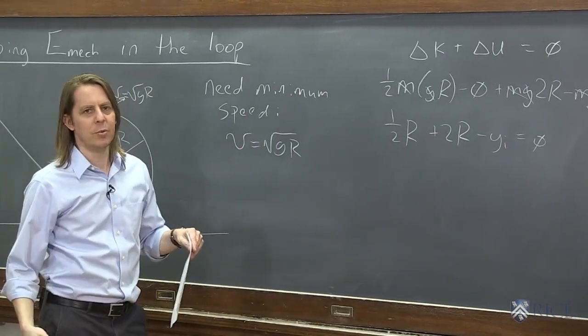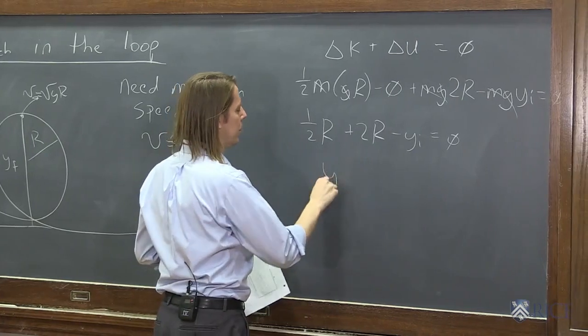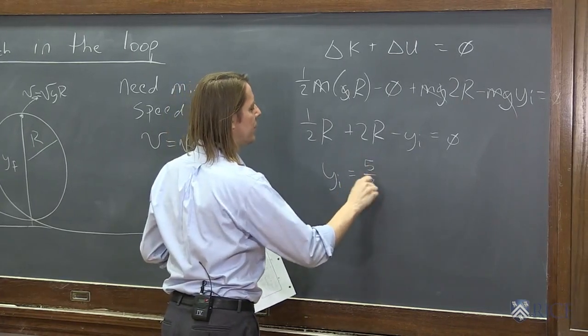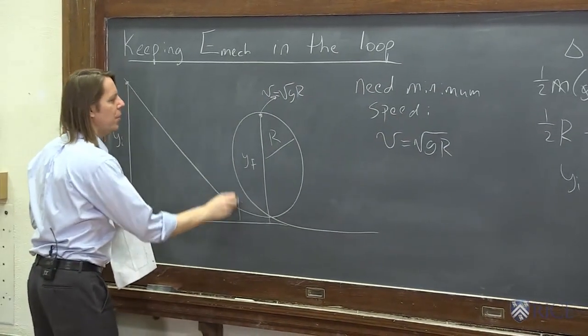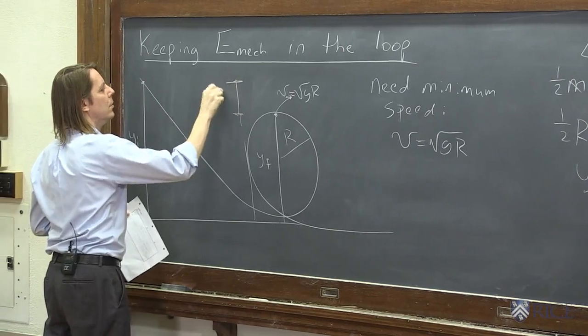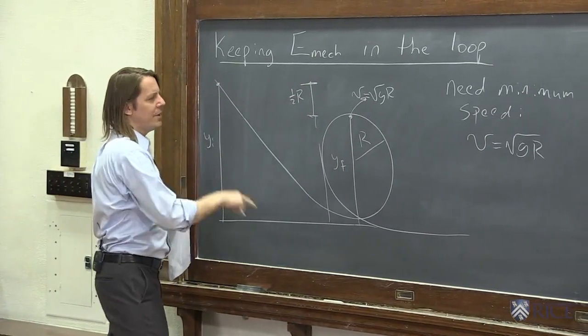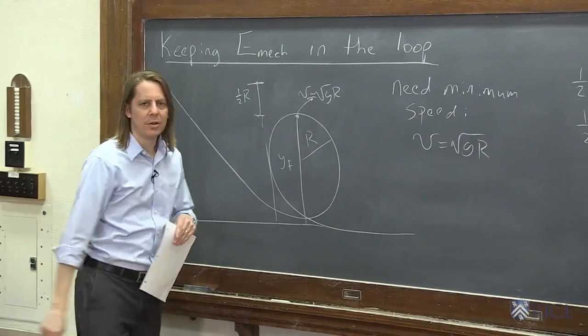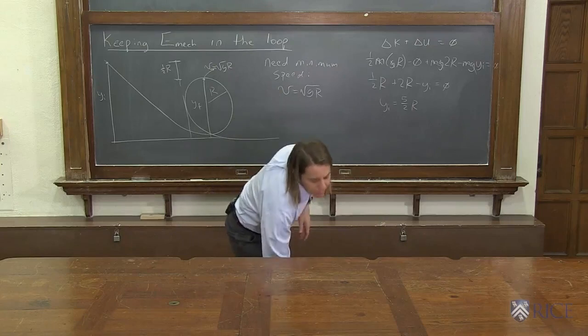So right away you see that y_i is 5/2 r. Or you could think of it as 2r, the diameter of the circle, and another 1/2 of r above the top. So according to that, if we release it from that height, it should just barely make it around the loop. So let's see if that height works.